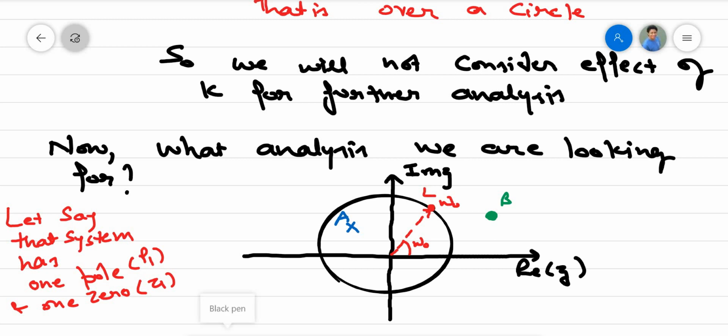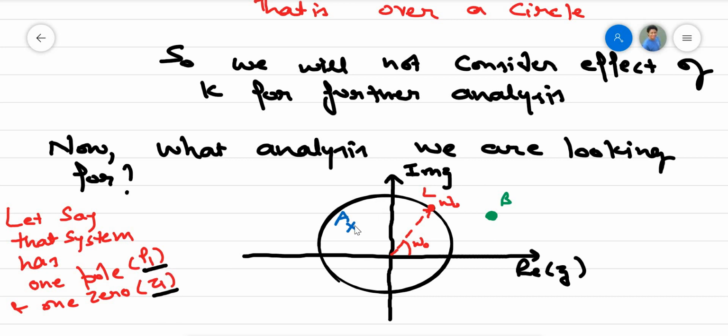What we are interested in is this particular frequency omega naught, and we want to find out, for the system which has this pole located at point A and this zero located at point B, how they will influence this particular frequency which will come as an input, and what the impact will be when it comes out from the system. If we go mathematically, we clearly see that our transfer function H(z) is defined between pole and zero, right?